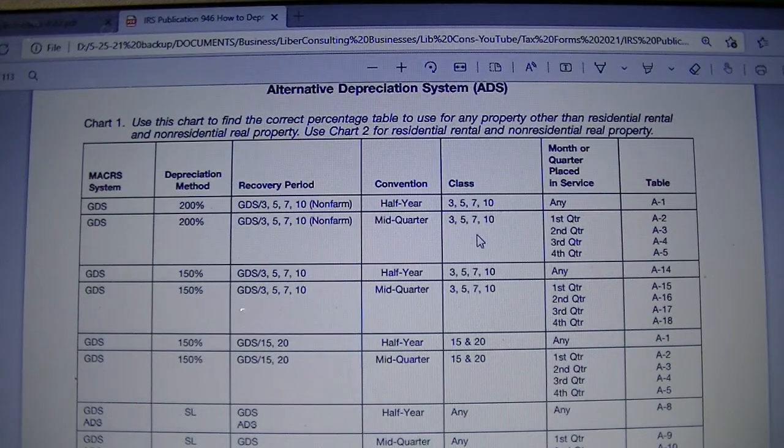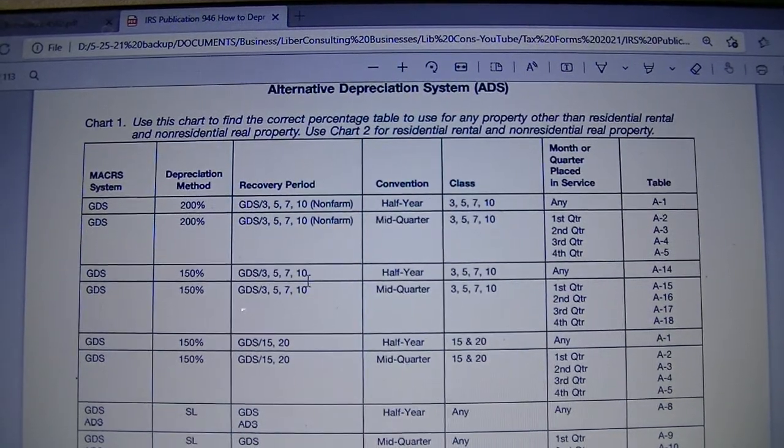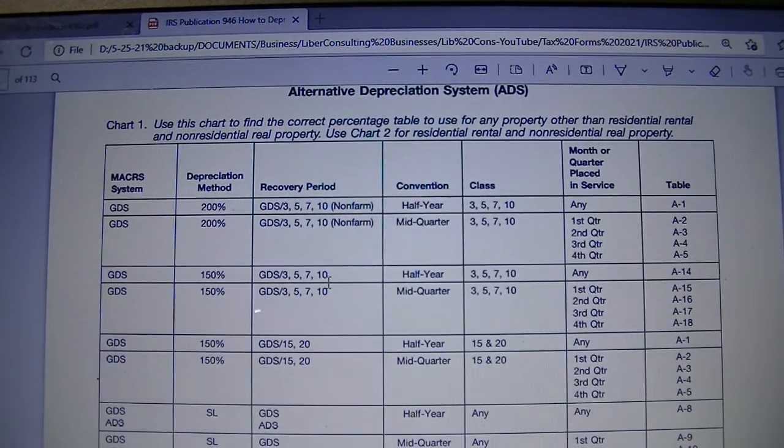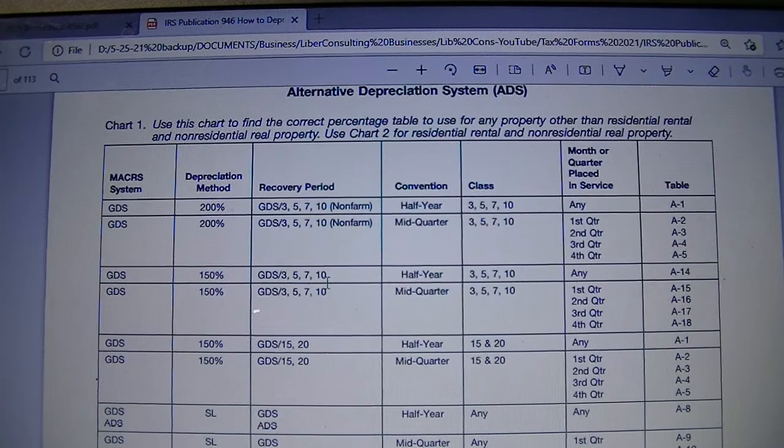So going back to Appendix A, we know we are going to use half year, so we can ignore the mid-quarter rows. So we have half year, the top one. It doesn't matter what quarter you place it in service, half year will ignore the quarter. If you are going to use the mid-quarter convention, then the quarters will come into play. It will dictate what table you will use for each one of the assets.